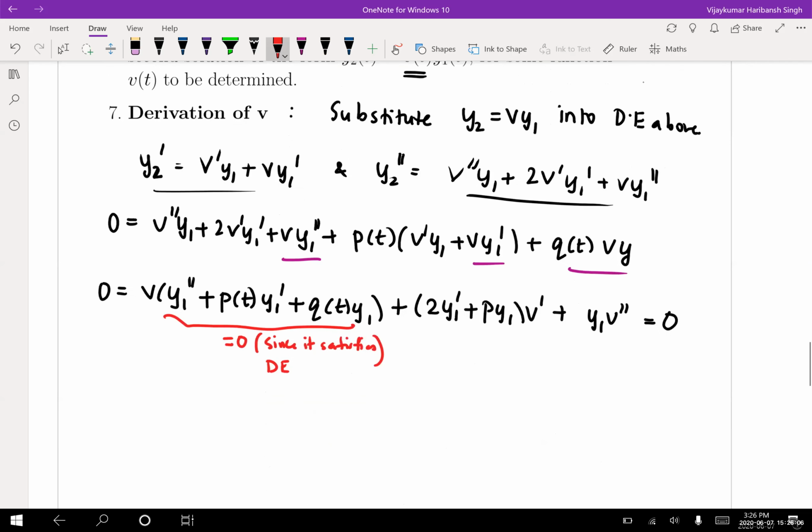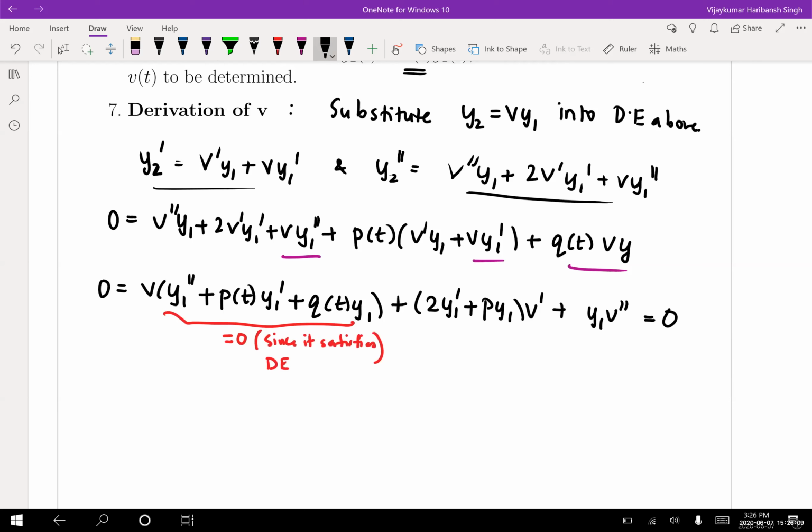So what are we left with? We are left with y1 v double prime plus (2 y1 prime plus p y1) multiplied by v prime equals 0.